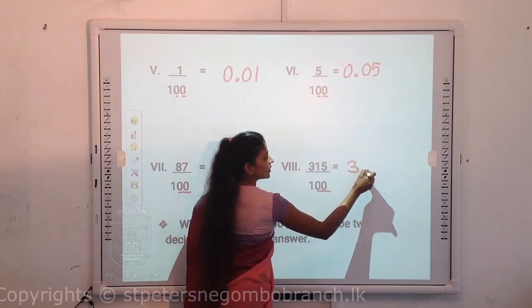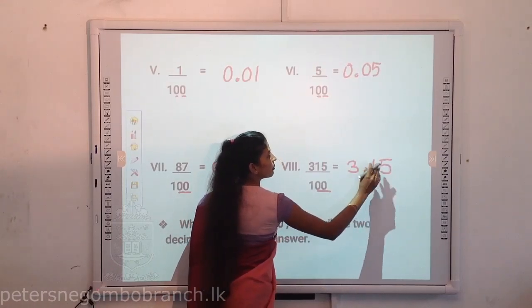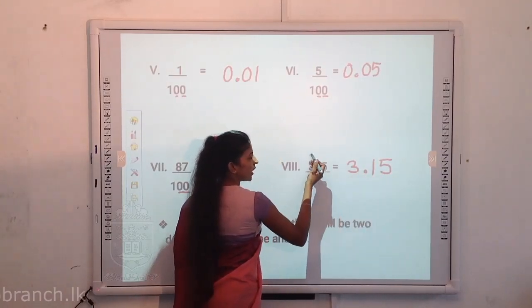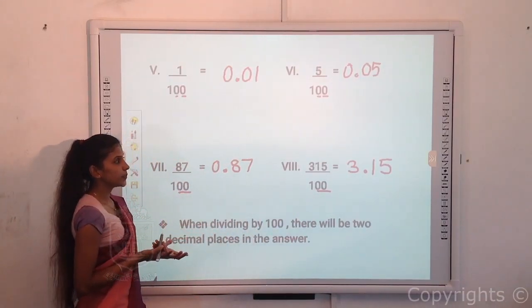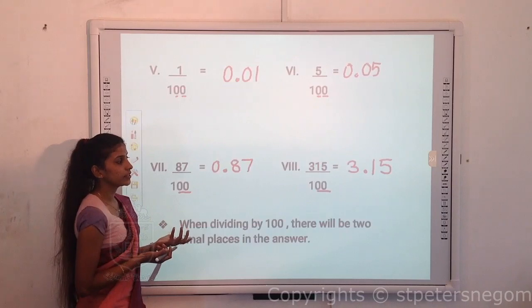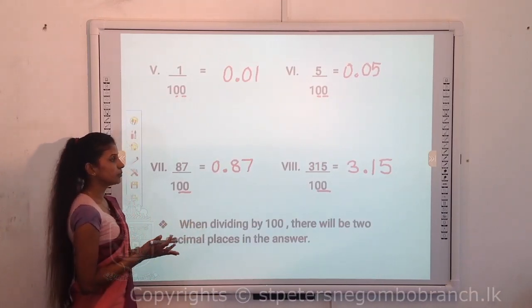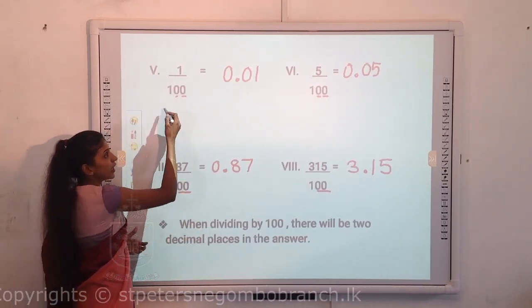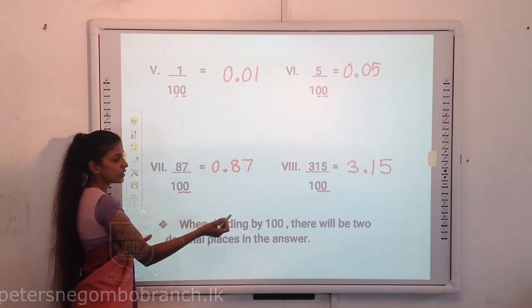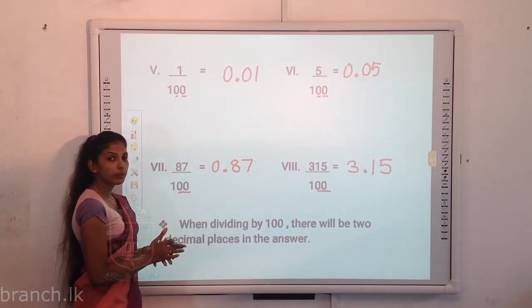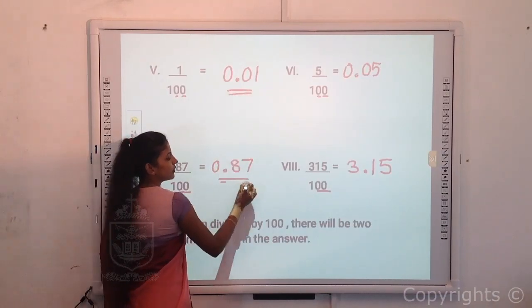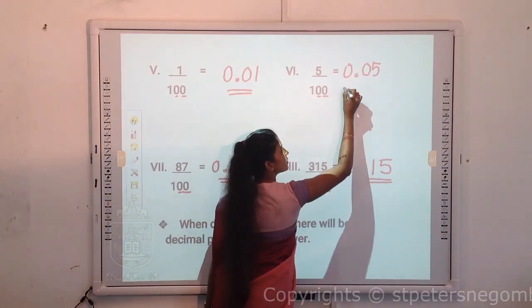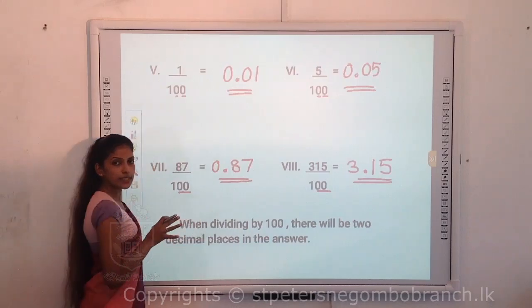So when you are writing these numbers, two numbers will be after the point, and 3 should be taken as the whole number. That's a way of expressing a fraction as a decimal. Keep in mind, if you are dividing by 100, since you have two zeros, there will always be two decimal places in the final answer.